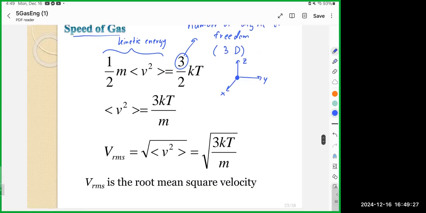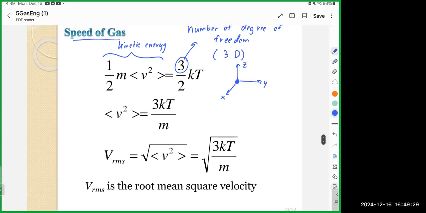And you can find the v_rms, which is the root mean square, because we prefer the unit of, suppose, meters per second, or maybe centimeters per second, or maybe kilometers per hour, right?